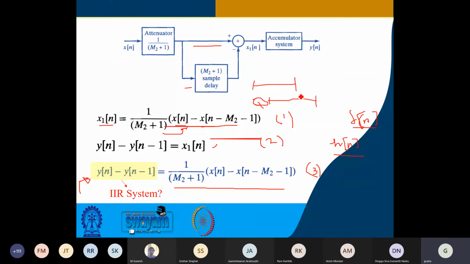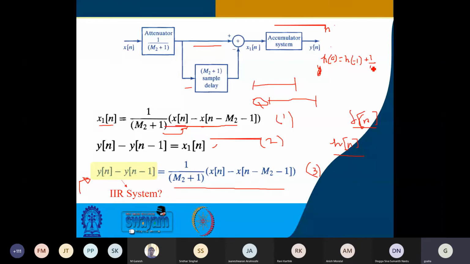Let me work together with you, just the first few steps. So if I substitute, xn is del n, so y0, now I shall write as h0, is equal to h minus 1 plus 1 upon m plus 1.